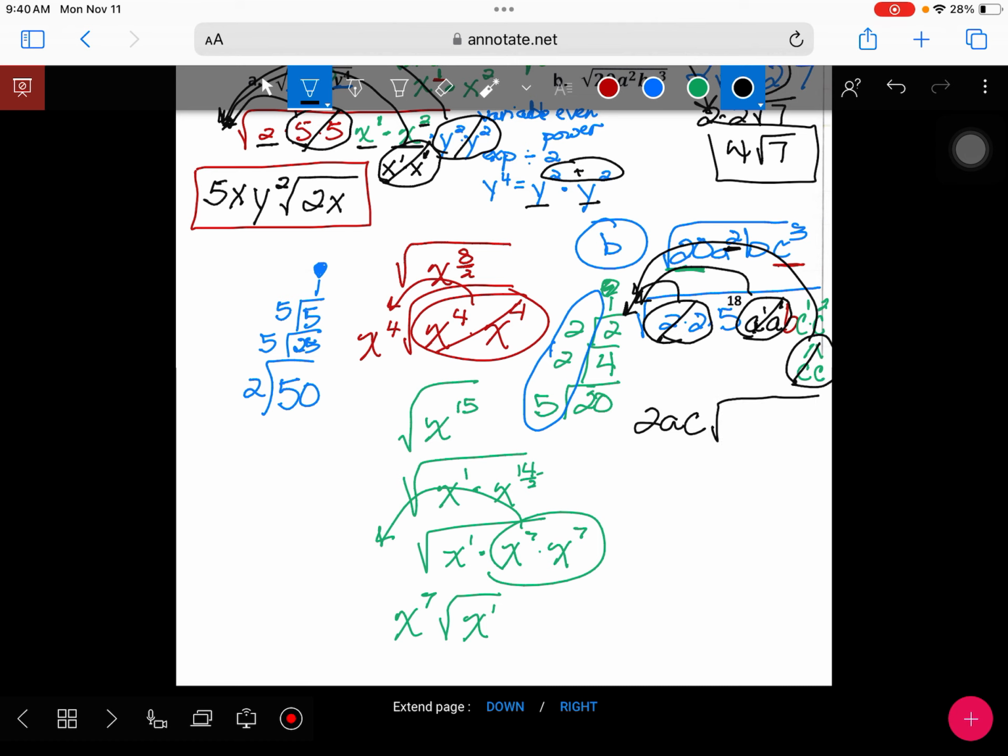Underneath the radical is a 5, which did not have a pair, a b, and you've got to look really closely because I'm running out of space here, and a c to the 1st. And so that is your final answer.